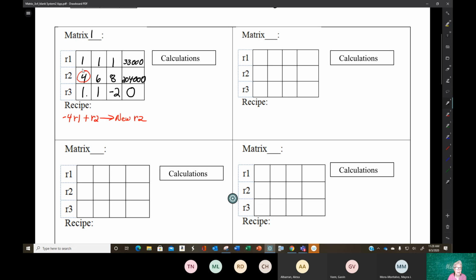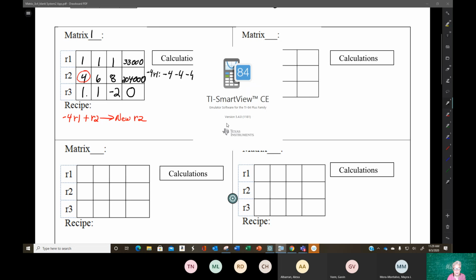So negative 4 times row 1 is going to be negative 4, negative 4, negative 4, and I will get my calculator and multiply negative 4 times 33,000.